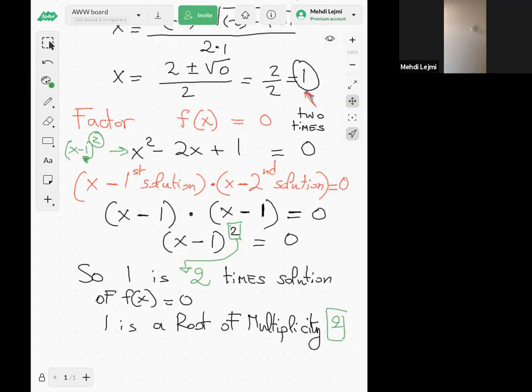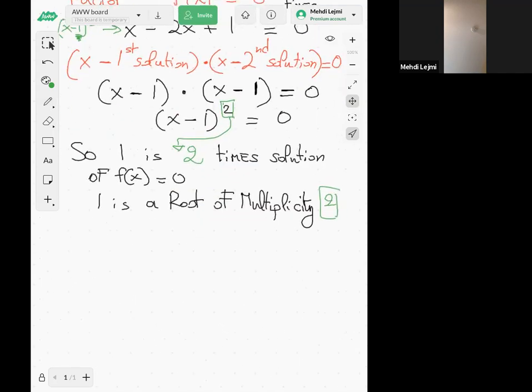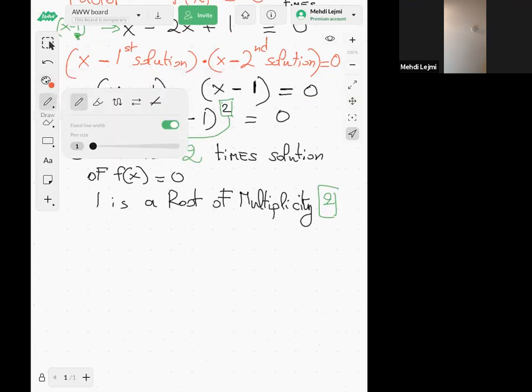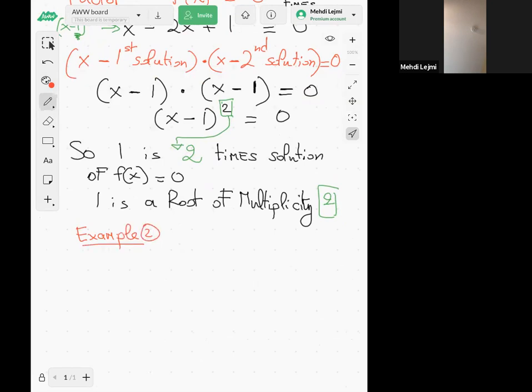So example number 2. Again, the question is, I want to find the roots and their multiplicities, right? Example 2. Let's say f of x is, let's say, x squared minus 3x plus 2.